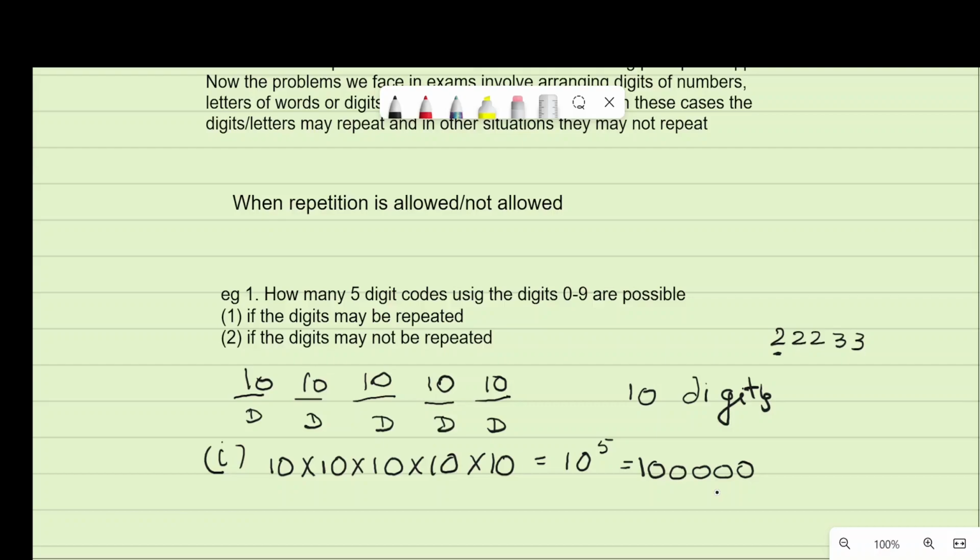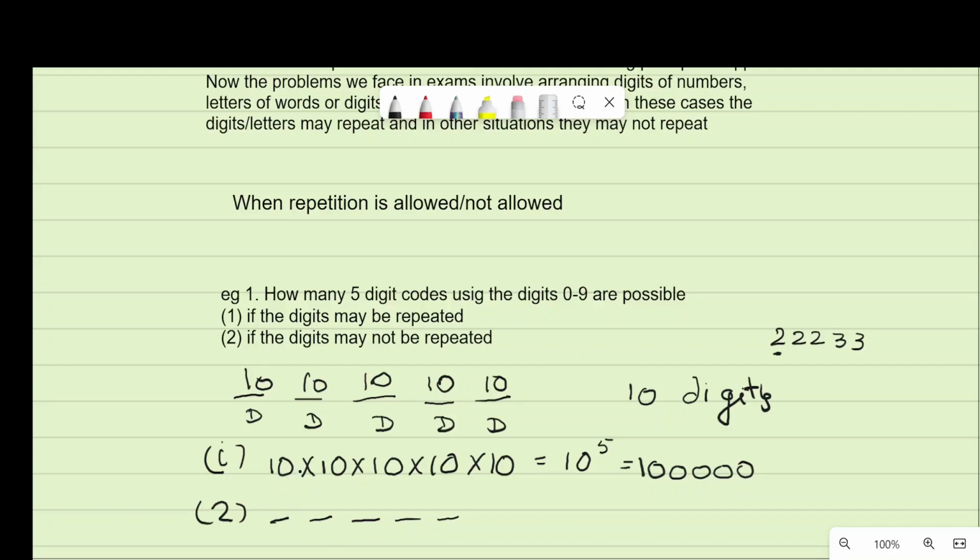Now number 2. If the digits may not be repeated, what do you do? Digits may not be repeated means, let me consider the positions again. This is the easy way for you also to understand the situation. You consider again the 5 positions and check how you fill in the first position.